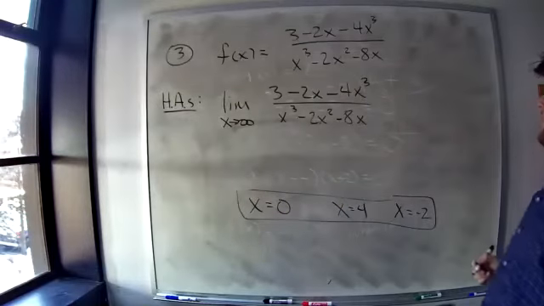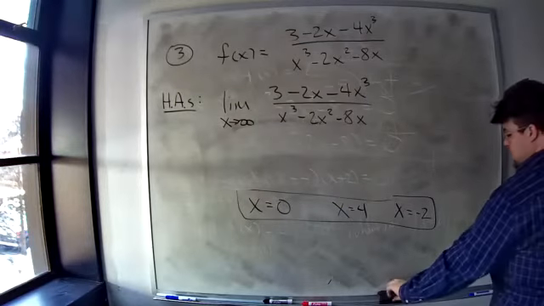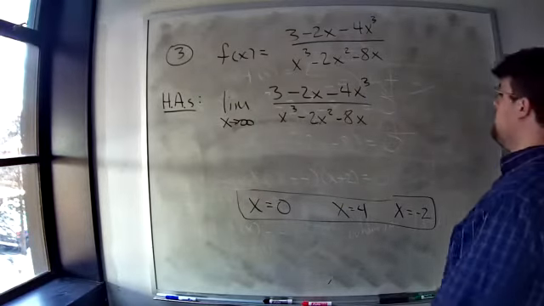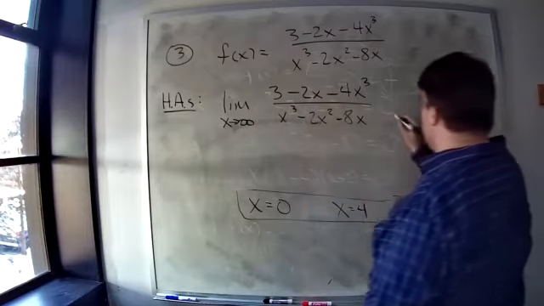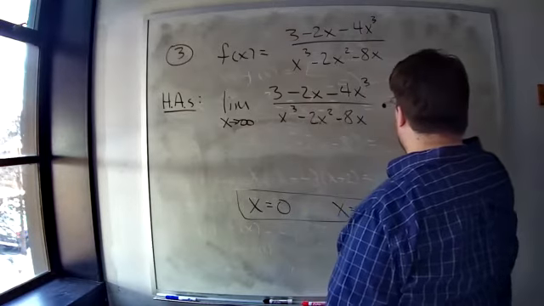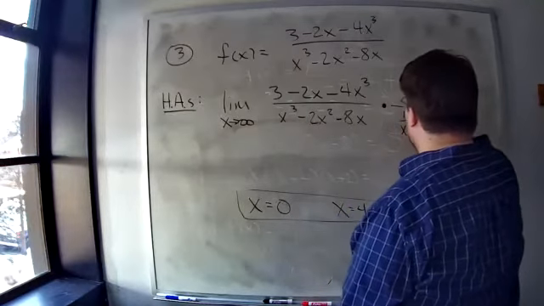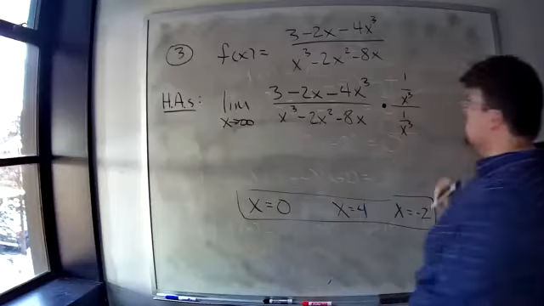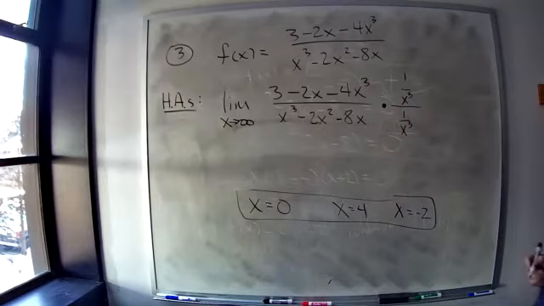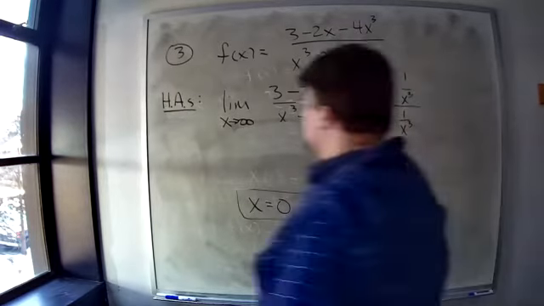So we have the limit of this rational function, this fraction of polynomials. We'll handle this by multiplying everything by 1 over x to the largest exponent on the bottom, which is 3. Multiply everything by 1 over x cubed, what do we get?